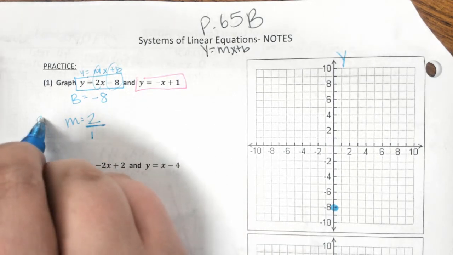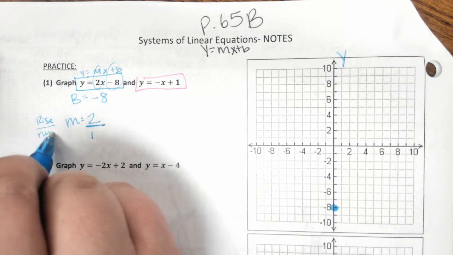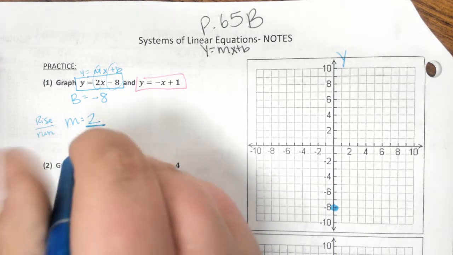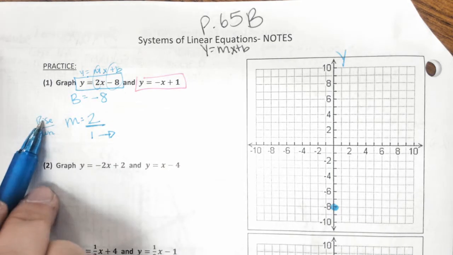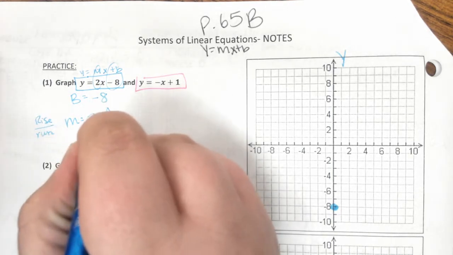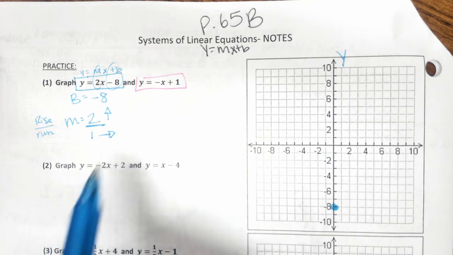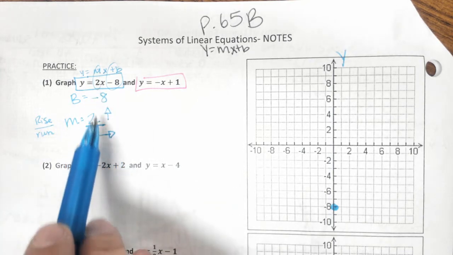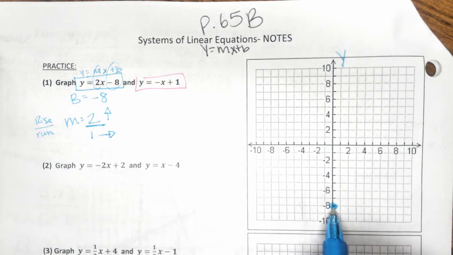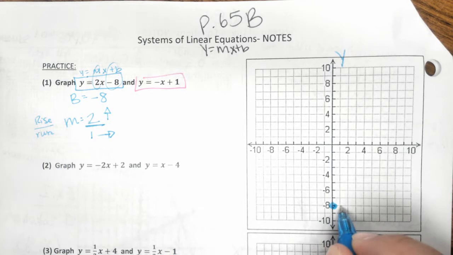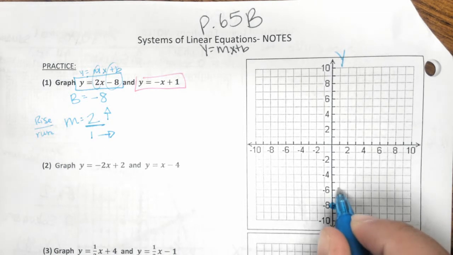Remember that slope is rise over run, and we always run to the right first. So I'm going to draw a right arrow by the 1. The rise is 2, so we're going to go up twice. I went up because my slope 2 is positive. So from this beginning point, negative 8, we're going right once and up twice.